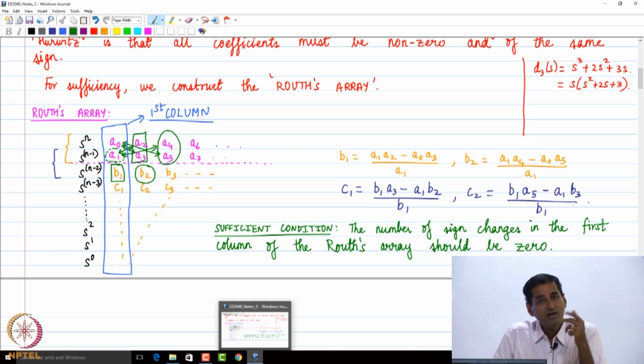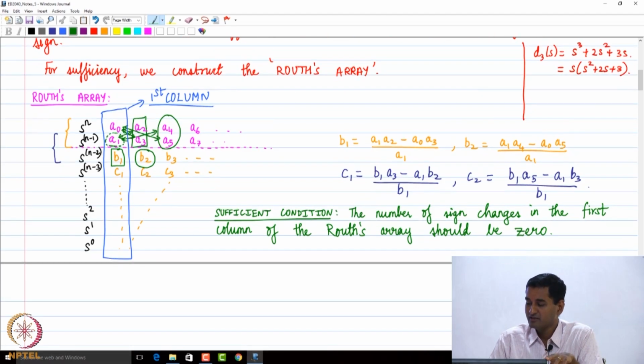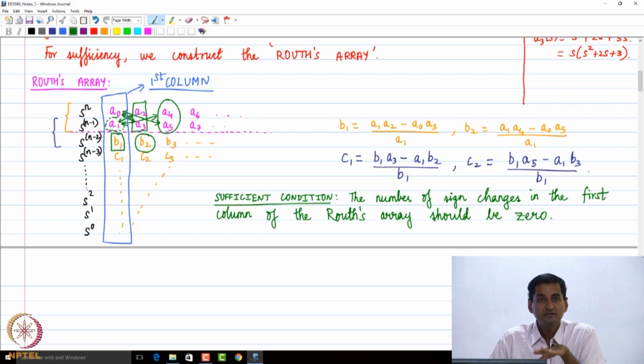It so happens that for polynomials of order 1 and 2, the necessary condition is also sufficient. We will shortly see that. But for polynomials of order 3 and more, we should check the Routh's array. So, let us now apply the Routh's array to the two polynomials.